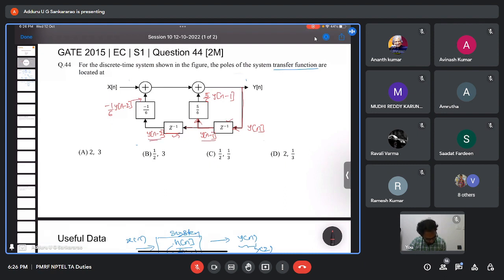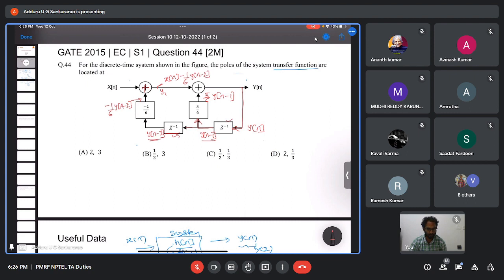Now what is the output here? Let us say this is y1 of n. Since there is a summing block here, y1 of n is nothing but x of n minus 1 by 6 into y of n minus 2.